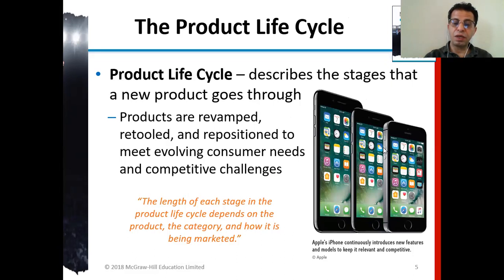The length of each stage in the product life cycle depends on the product itself, the category, and how it's marketed. For example, the iPhone continues to introduce new features and models to keep it relevant and competitive.